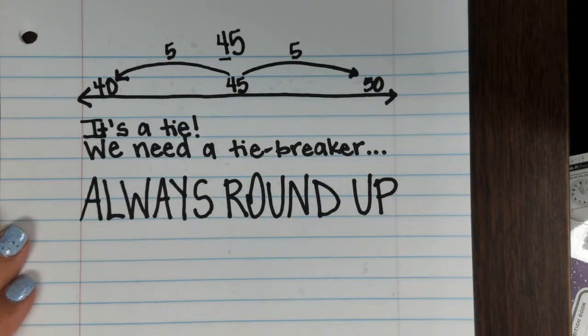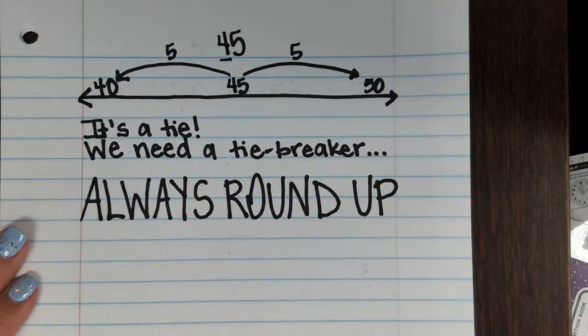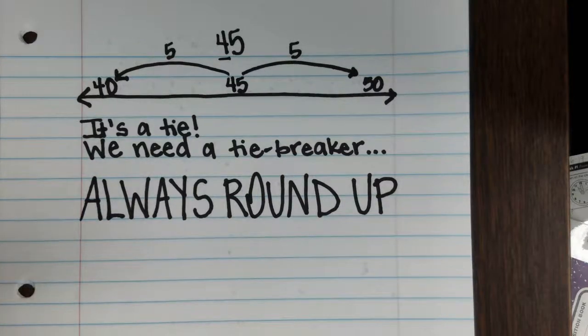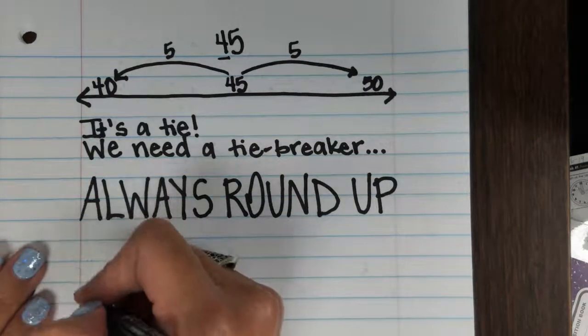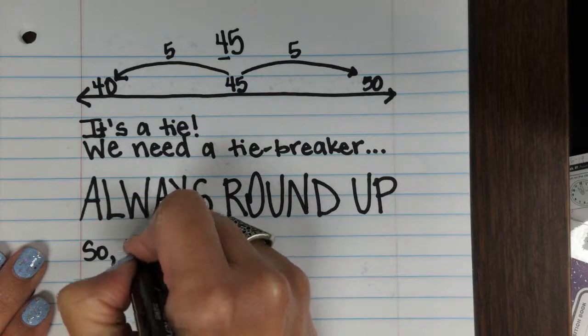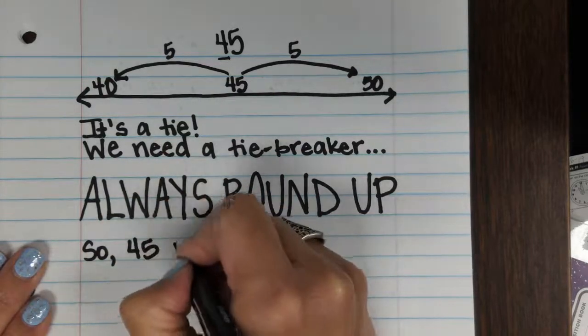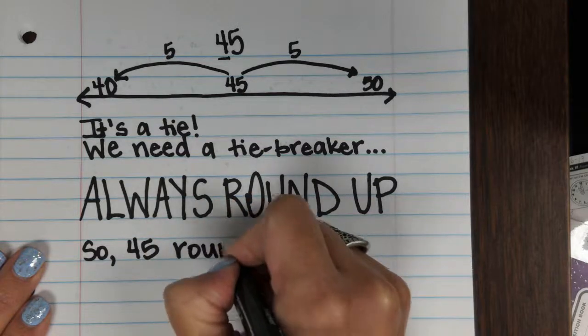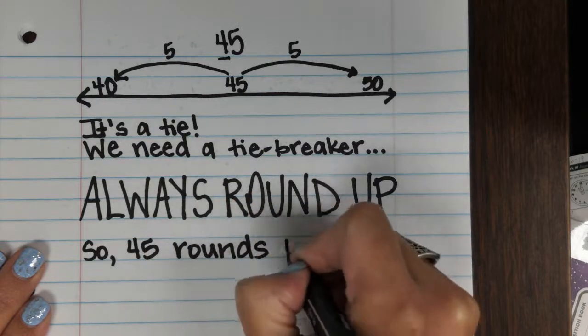Everybody in Alabaster, everybody in the state of Alabama, everybody in the United States, everybody in the whole world follows this same tiebreaker rule. So, 45 rounds to 50.